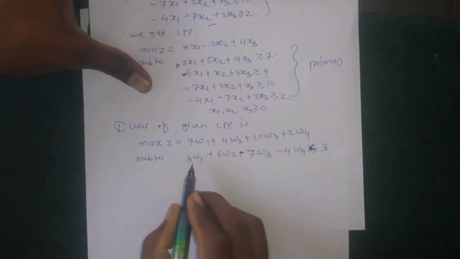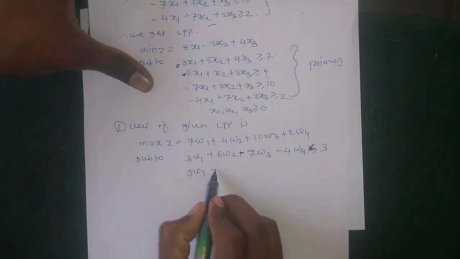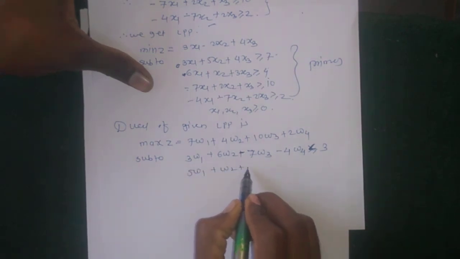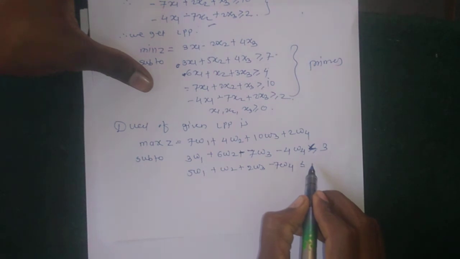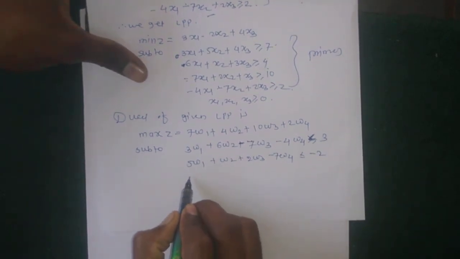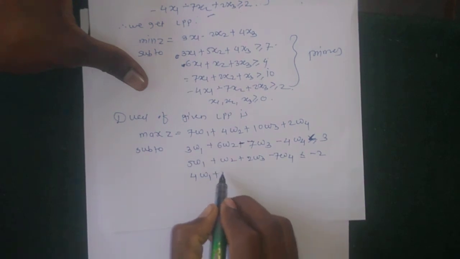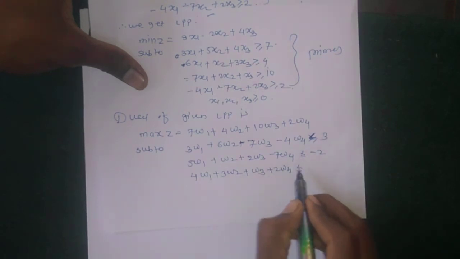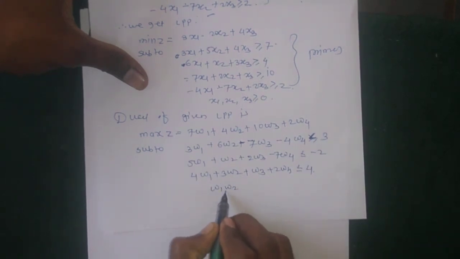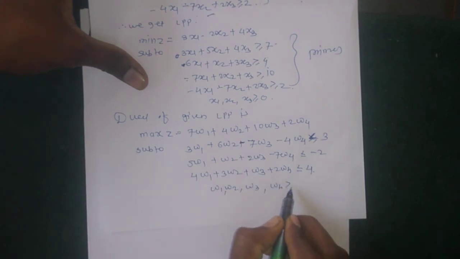Then the next constraint is 5w1 plus w2 plus 2w3 minus 7w4, which is less than or equal to minus 2, and then the last is 4w1 plus 3w2 plus w3 plus 2w4, which is less than or equal to 4, and all w1, w2, w3, w4 are greater than or equal to 0. Okay, in this way we convert the primal problem into its dual problem.